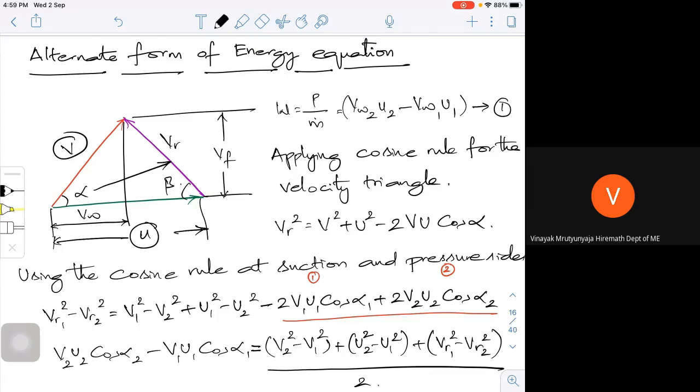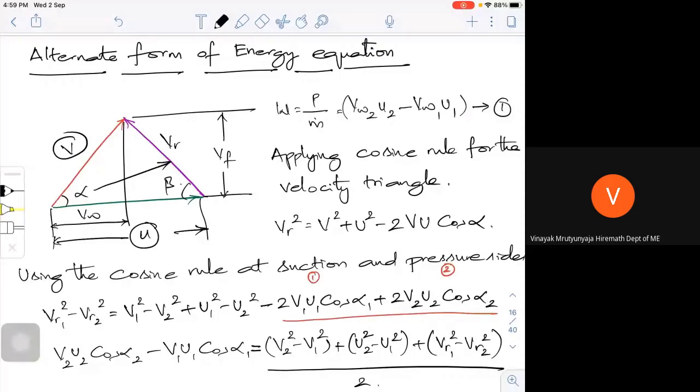So at exit it will be Vr2 square is equal to V2 square plus U2 square minus 2 times V2 into U2 into cos alpha 2. At inlet it will be Vr1 square is equal to V1 square plus U1 square minus 2 into V1 into U1 into cos alpha 1.